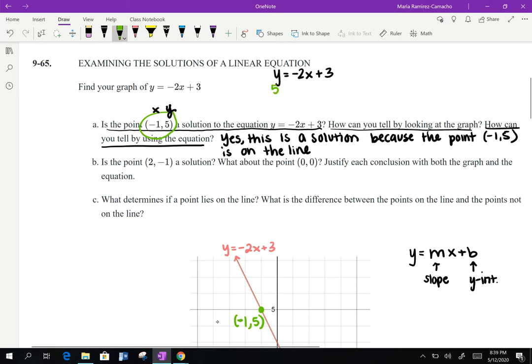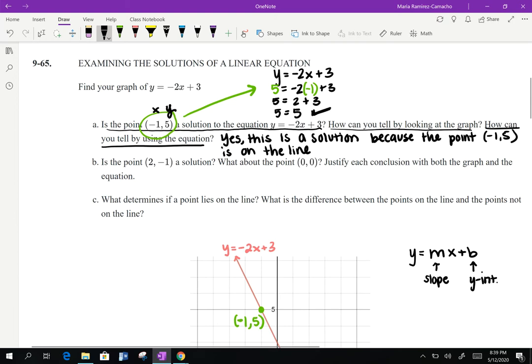So plug in 5 for y and plug in negative 1 for x. Again, I'm just getting that from this point. This is 2. 2 plus 3 is 5. 5 equals 5. This works.